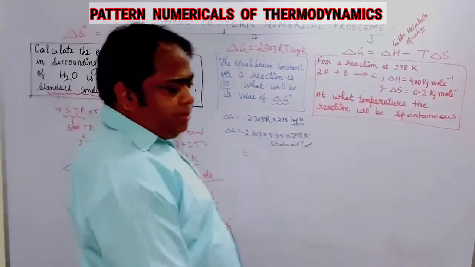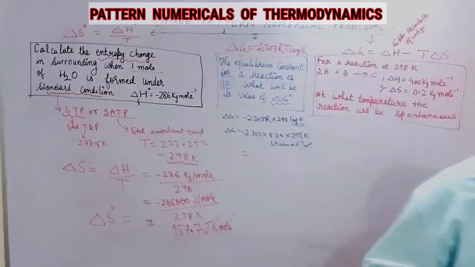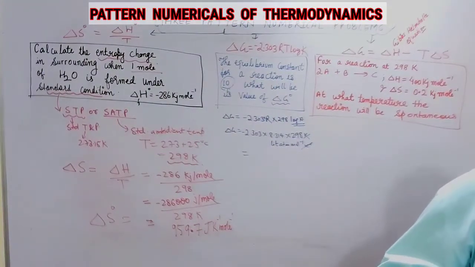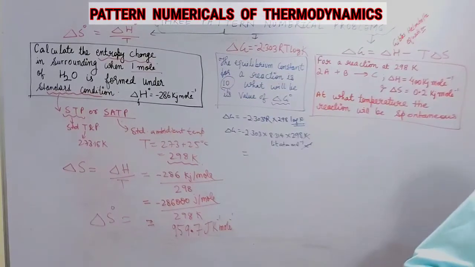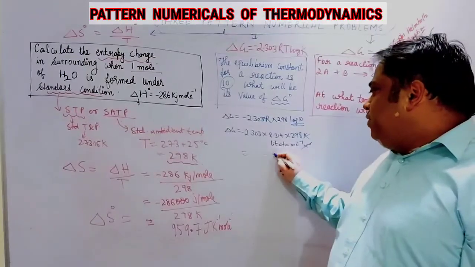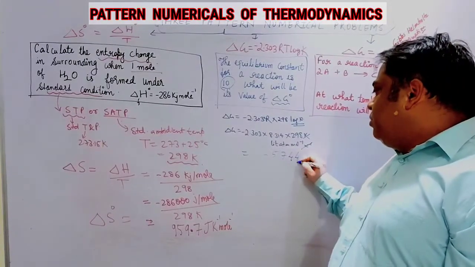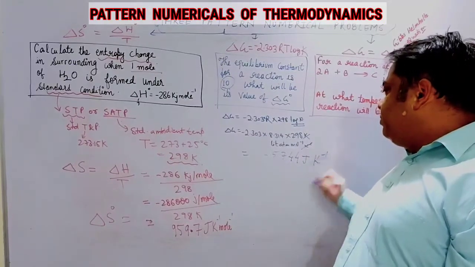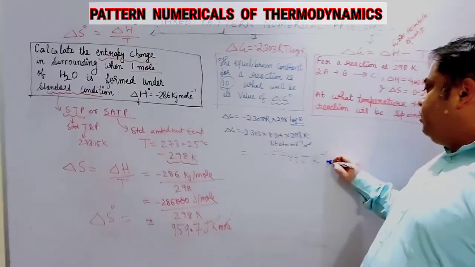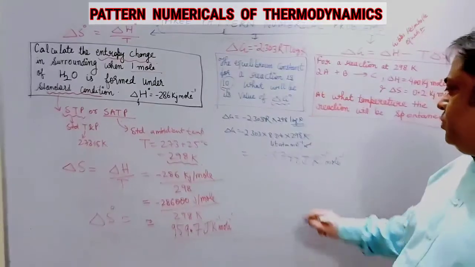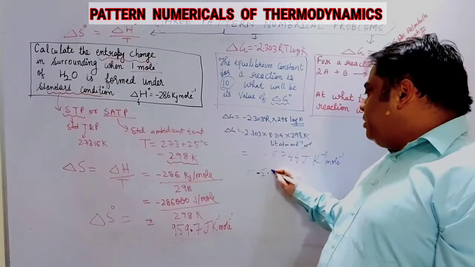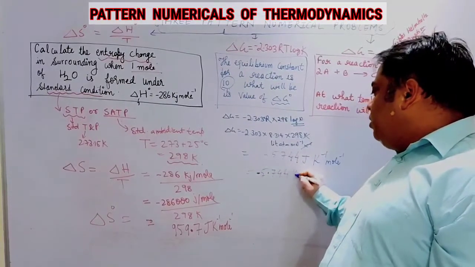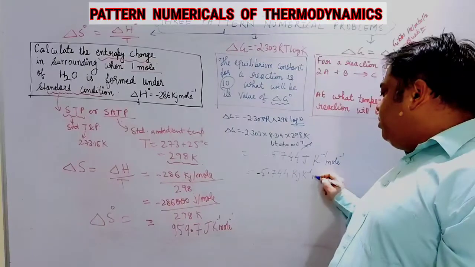This comes out to be minus 5744 joule per mole, or you can write minus 5.744 kilojoule per mole.